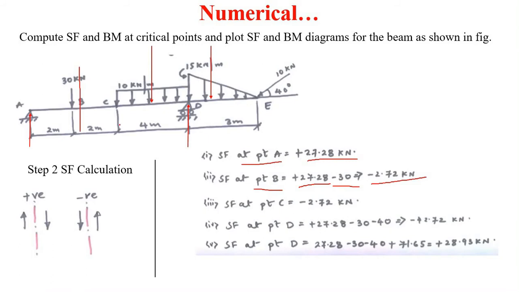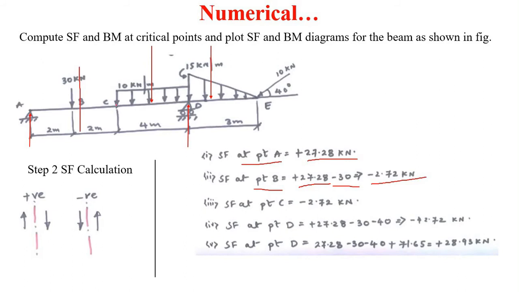Now after this, we have to take a section at just the left side of C. But there is again no load from B to C. Therefore, the shear force will remain the same, that is minus 2.72 kilonewton from B to C. From B to point C, the shear force will remain constant.